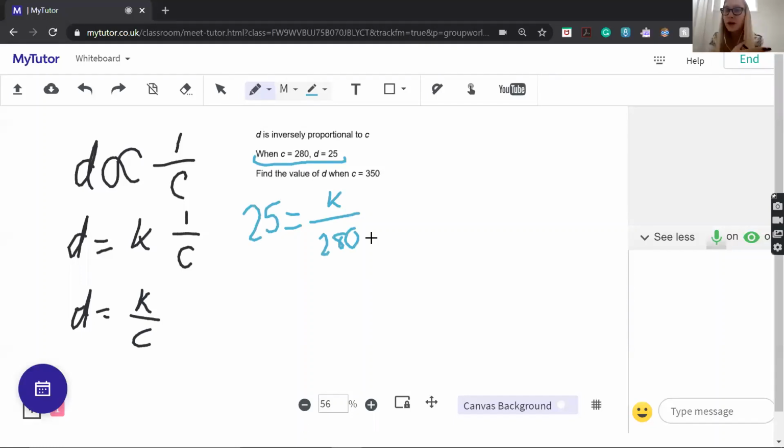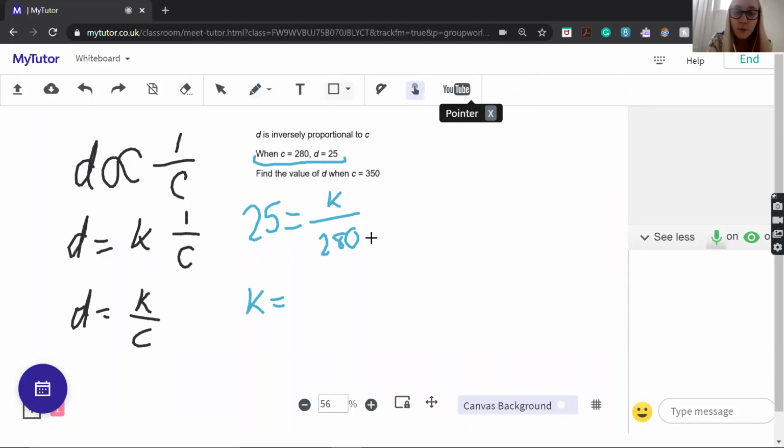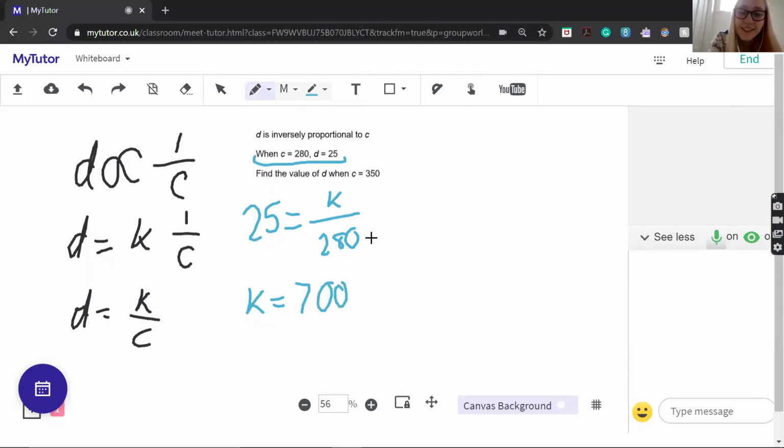And now we've got an equation with just k as the unknown. So we can rearrange. And the way that we're going to rearrange to get k is by multiplying up by 280. So we do 280 times 25. These are normally calculator paper questions. So that's 7,000. So our k here is 7,000.